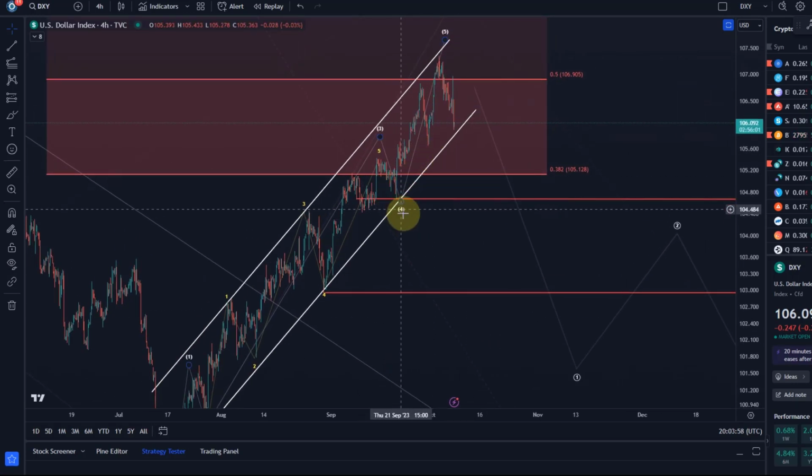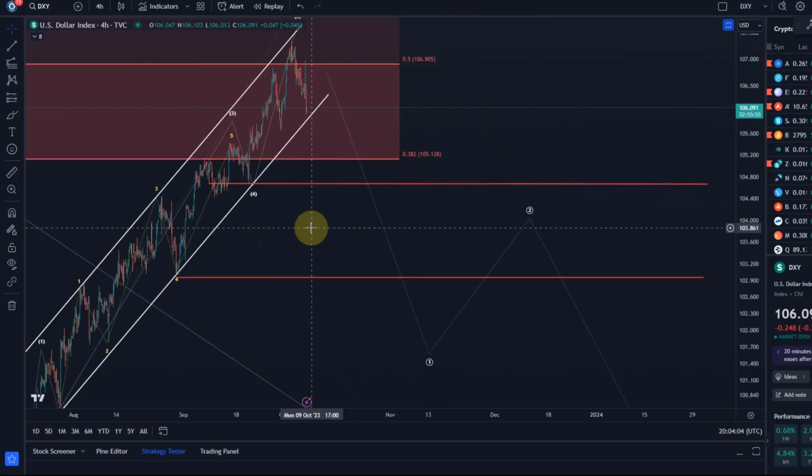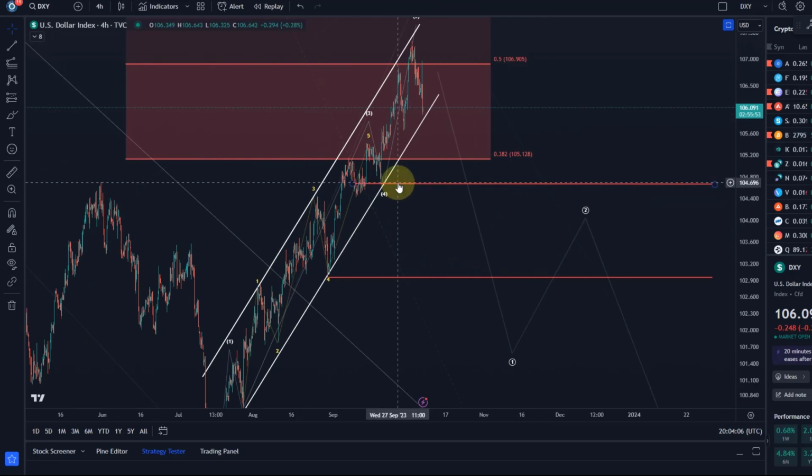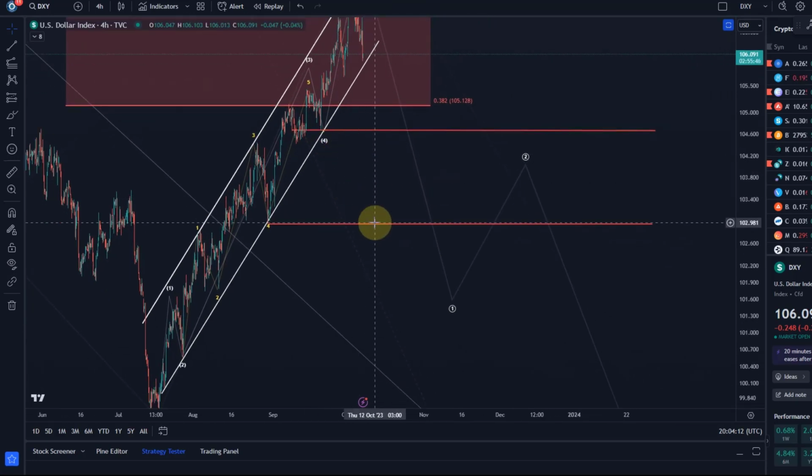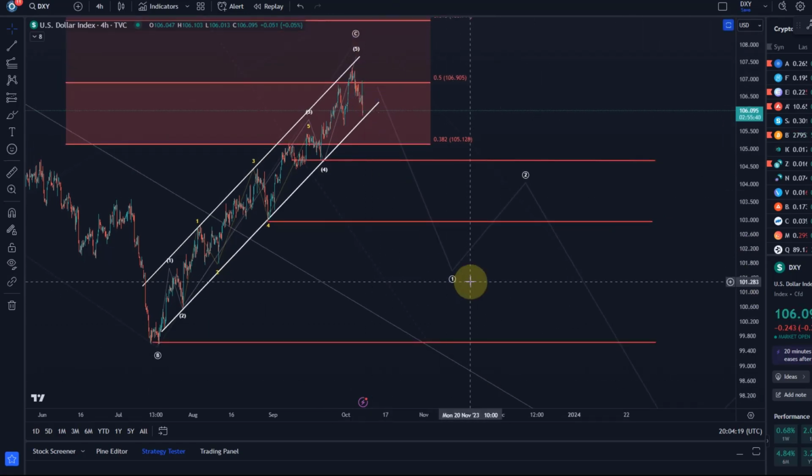And then this last swing low, which is a wave 4 low, will be quite significant because then further upside in this particular structure will be invalidated. And I will be watching for impulses to the downside as soon as we break below that level. Then the next support will be $103. That's also a key level. And then I think we are in free fall.